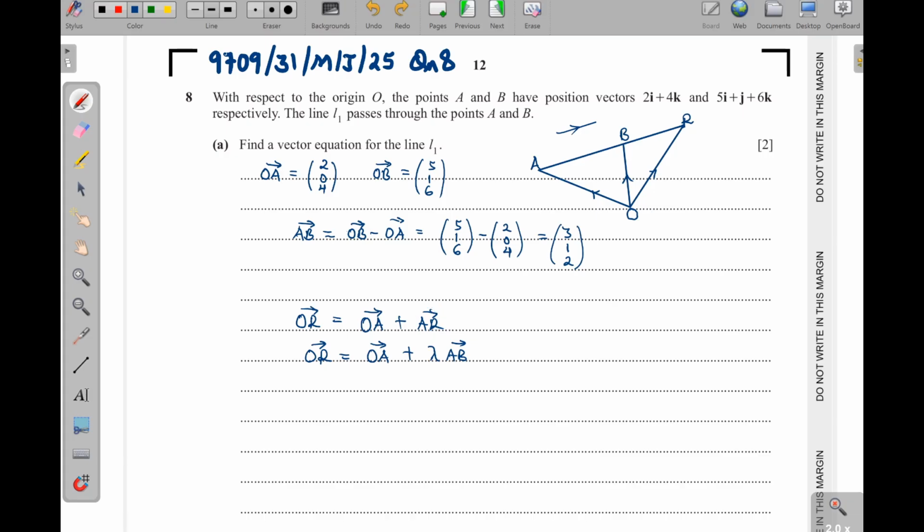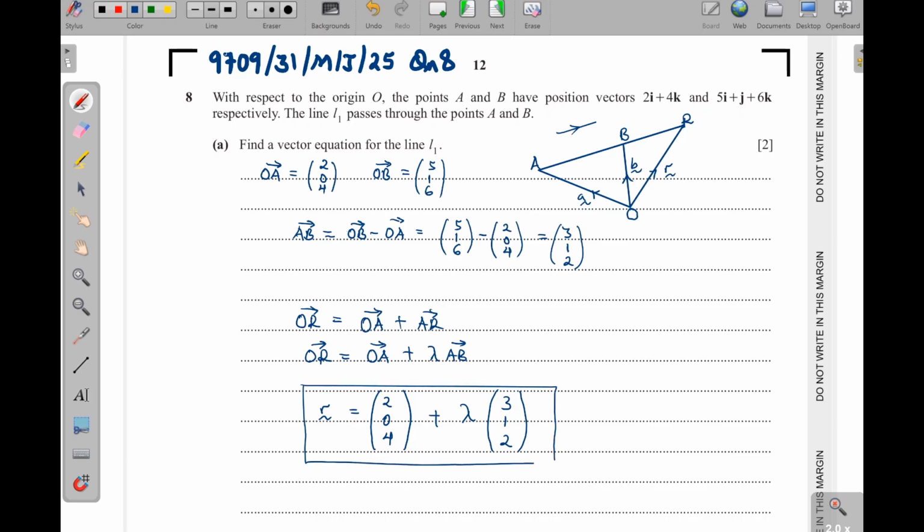All right, so that means we are going to have our R here, maybe that is B, and maybe that is A. So our OA is 204, then plus lambda, our AB is 312. So this is going to be our equation of the line L1.